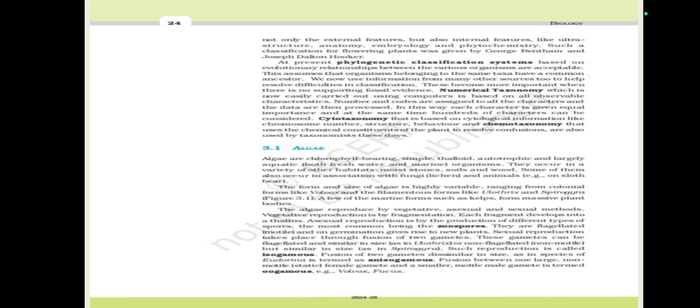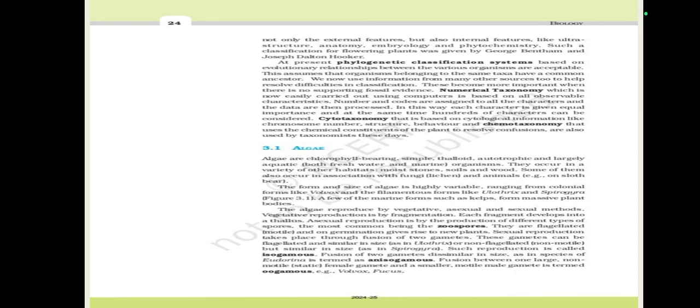In this way, each character is given equal importance, and at the same time, hundreds of characters can be considered. Cytotaxonomy, that is based on cytological information like chromosome number, structure, behavior, and chemotaxonomy, that uses the chemical constituents of the plant to resolve confusions, are also used by taxonomists these days.